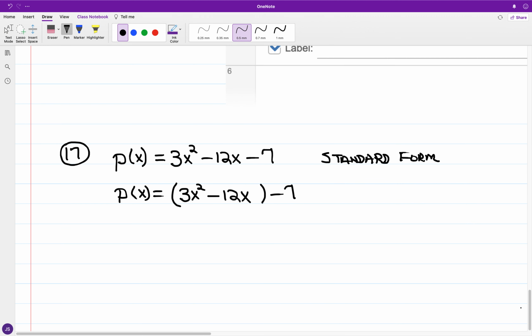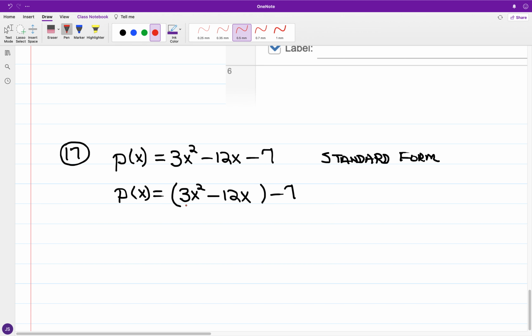Now, there is a stage, once again, with the completion of the square. And do not perform the completion of the square until you have the first term in the parentheses to be just like x squared or y squared. In other words, you want just x squared inside the parentheses.